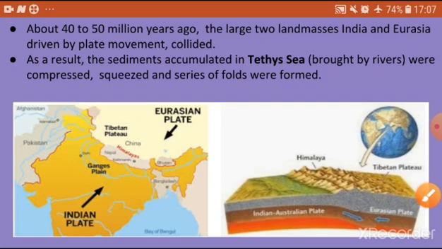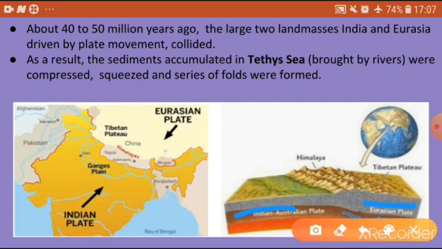You can see in the second picture. See here, these are Indian Australian plate and this is Eurasian plate. These plates started movement and they collided. So due to that, the sediments accumulated in the Tethys Sea were compressed and squeezed.